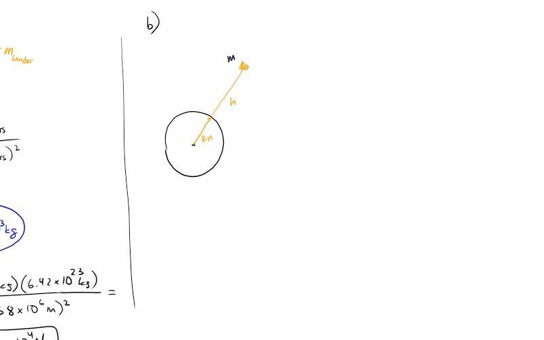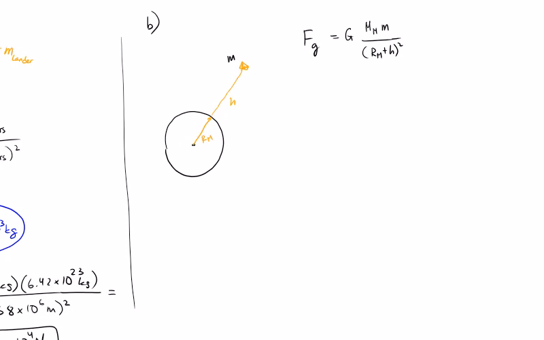So we will do the gravitational force at that distance equals, we could actually write G times the mass of Mars times the mass of the lander divided by R of Mars plus the height, squared, and calculate it. But I'm not going to do it.